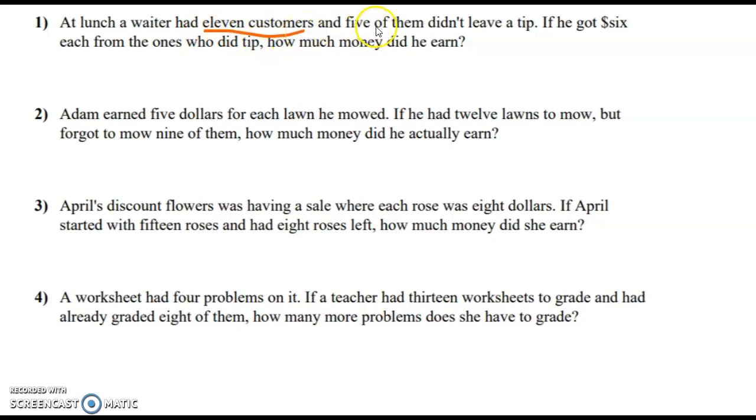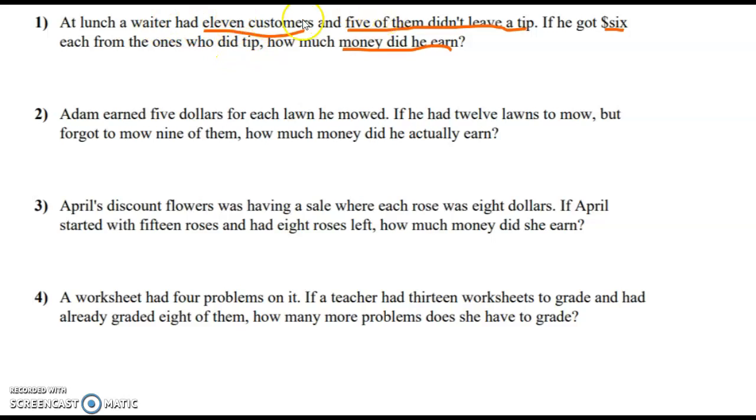Five of them didn't leave a tip. If he got $6 each from the ones who did tip, how much money did he earn? He got $6. So it's saying he got $6 from each person who left a tip.